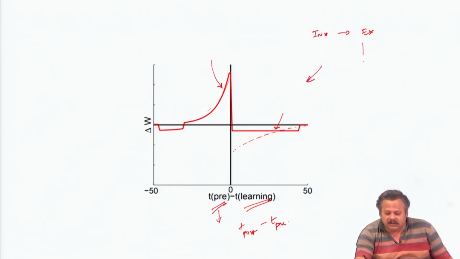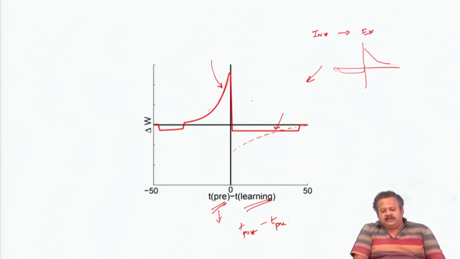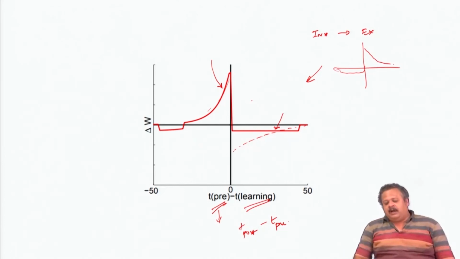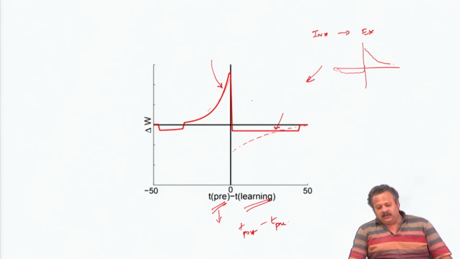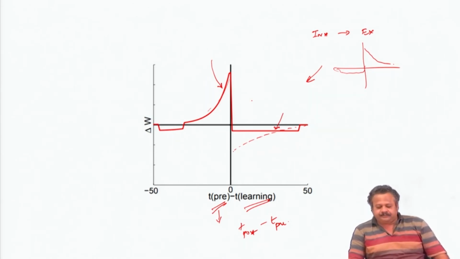That is, it would be something like this, as opposed to what we are seeing in this particular case, which is excitatory. And indeed there are inhibitory synapses that are anti-Hebbian in nature, not exactly like this, but in the same way that we have shown earlier, there is a flip of the entire learning window, a sort of reflection along the horizontal axis.